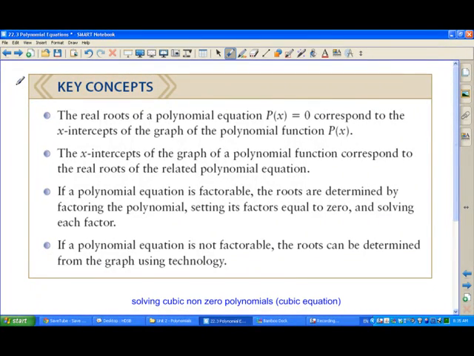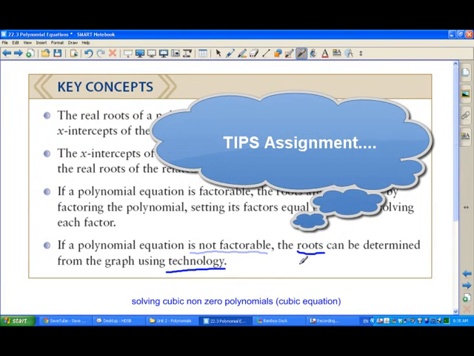We set the factors equal to 0, and then we solve each factor individually. Later on, we're going to look at what we can do if we can't factor a polynomial. We'll be using the TI-83s to determine the roots of our graph using those calculators.